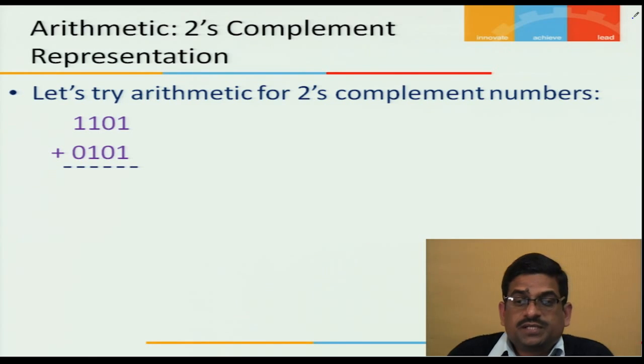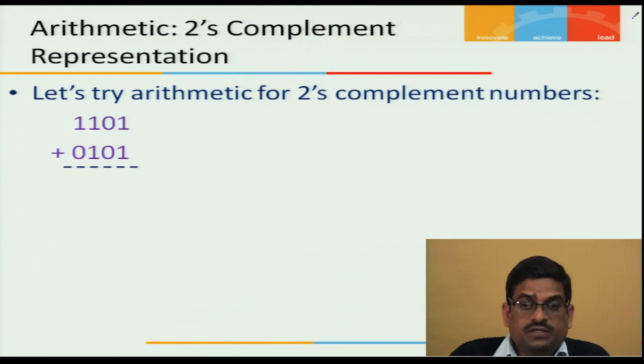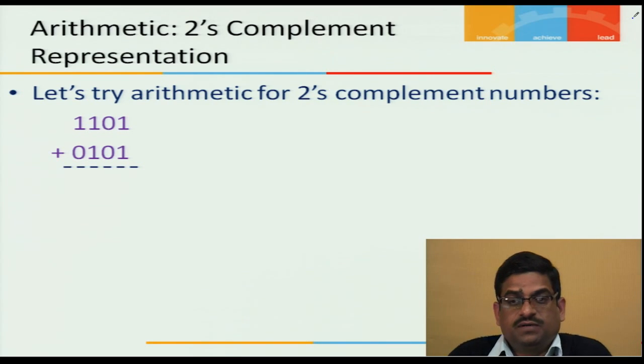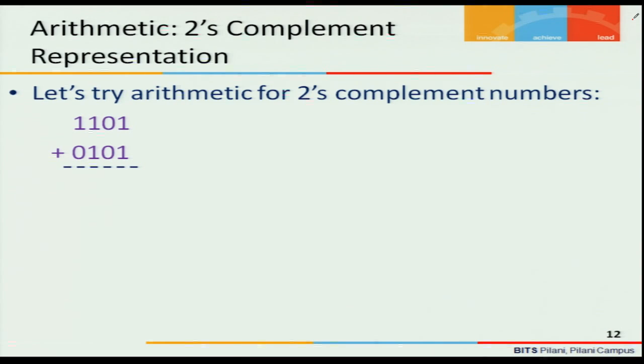Now after representation, let's try the arithmetic, and see whether the arithmetic operations work or not. We have not succeeded in sign magnitude and 1's complement with the help of the straightforward addition method. So let's see whether we can succeed in this case. Let's do the addition operation on 2's complement numbers. The first number is a negative number, so to get its value I have to take the 2's complement of this number.